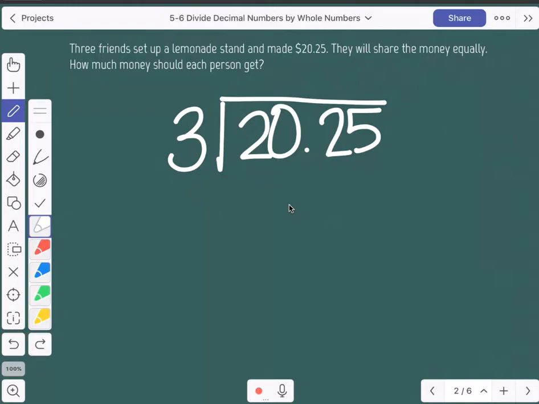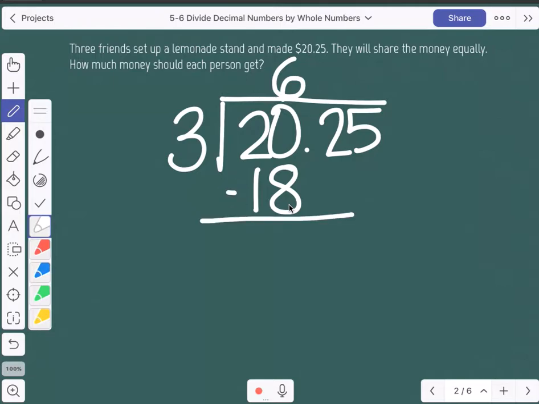And 3 goes into 20 6 times. Because if I took away the 25 cents, if I just had $20 and was dividing that amongst the 3 people, they would each get $6, which would give us $18. And when we subtract that, we have $2 remaining.